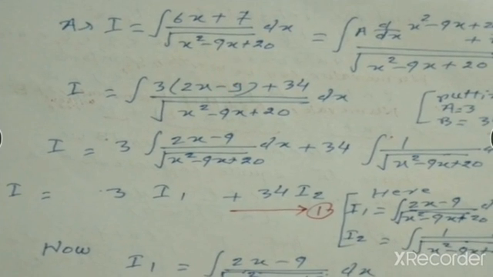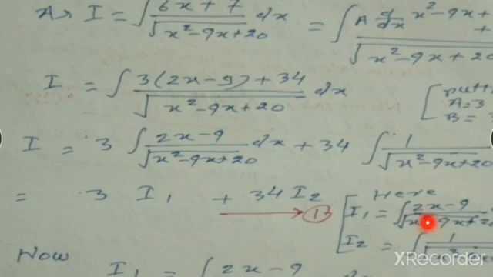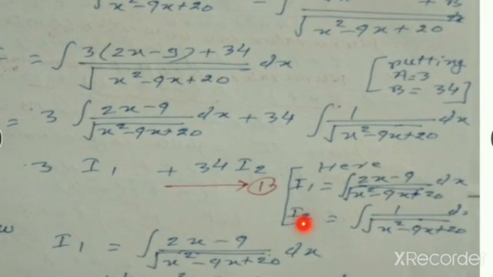This can be represented as I is equal to 3I1, we are writing this part as I1 and this part will be treated as I2. That's why we can write I is equal to 3I1 plus 34I2. Here I have mentioned the meaning of I1 and I2.